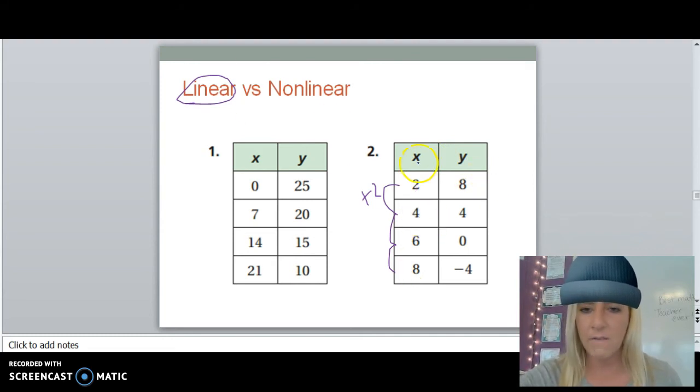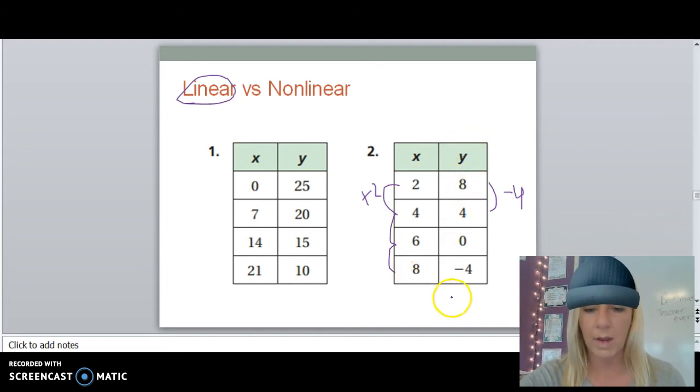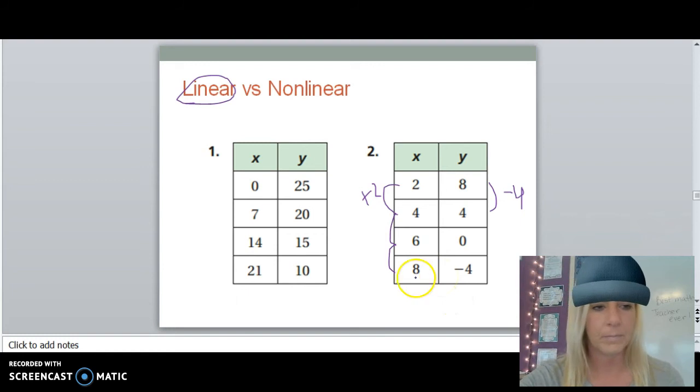Now looking at our y values, 8 minus 4 is 4. 4 minus 4 is 0. 0 minus 4 is negative 4. So this function is also linear because the rate between the x values is the same and the rate between the y values is also the same.